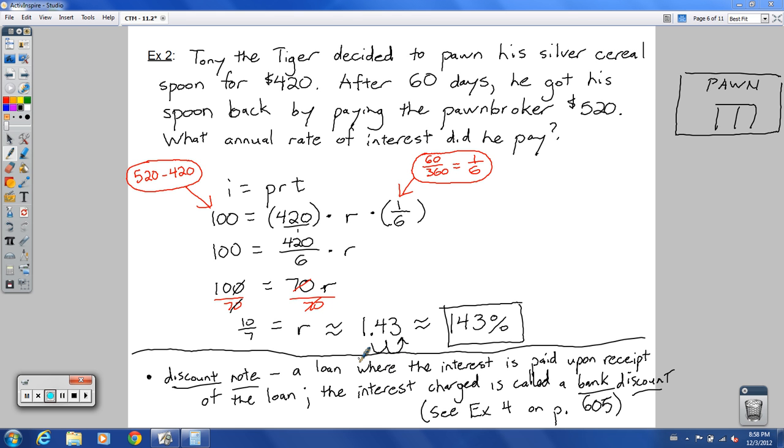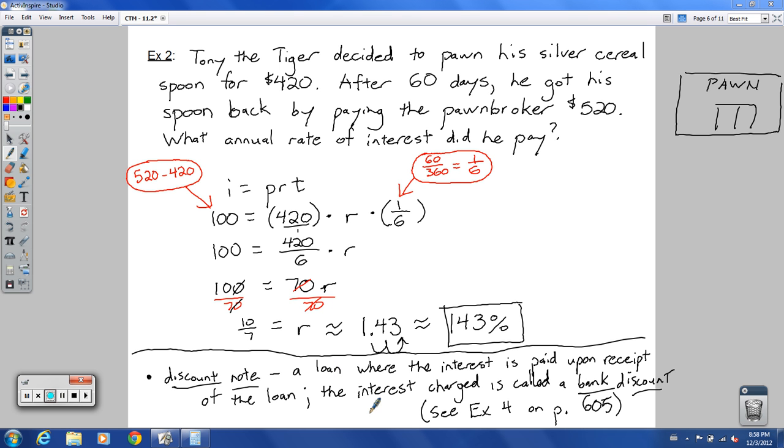And if you're taking out a discount note, a loan like this, basically if you were borrowing $1,000, you're only going to get a certain part of that $1,000 as your loan. You're paying the interest up front. So if the interest was like a 10% annual rate on that $1,000, you're going to pay that $100, the 10% of the $1,000, up front.